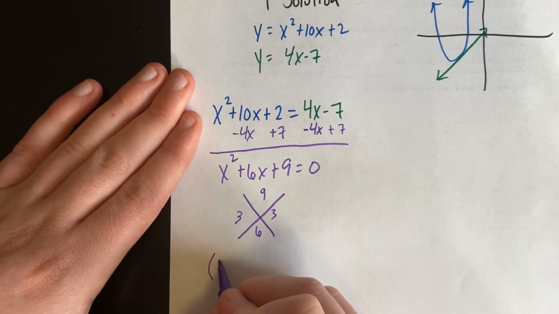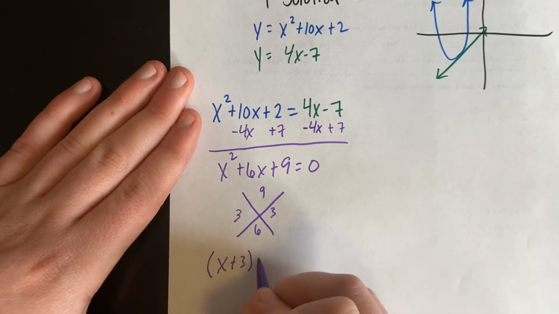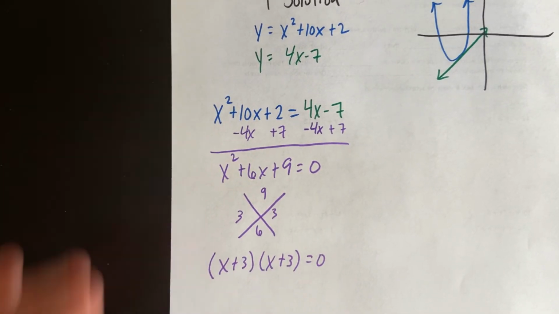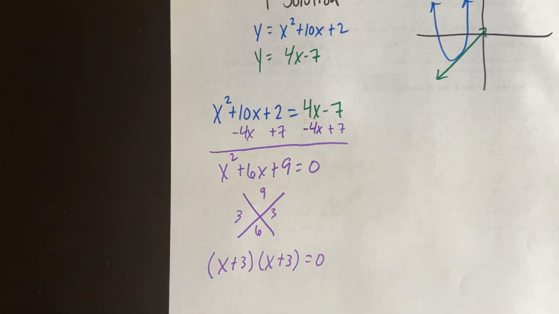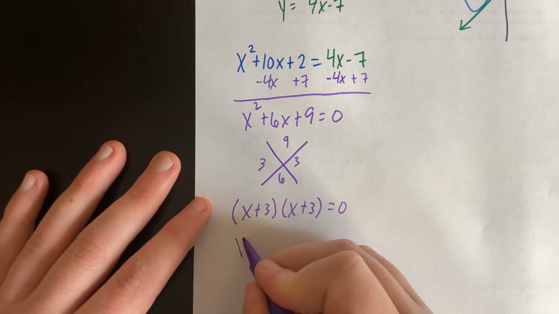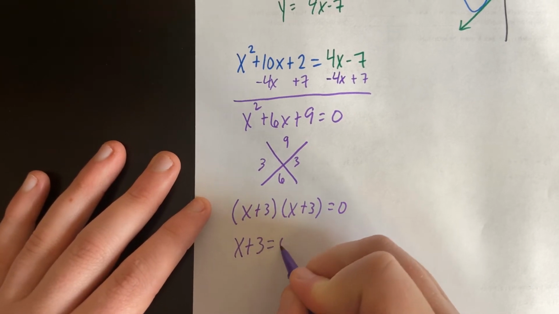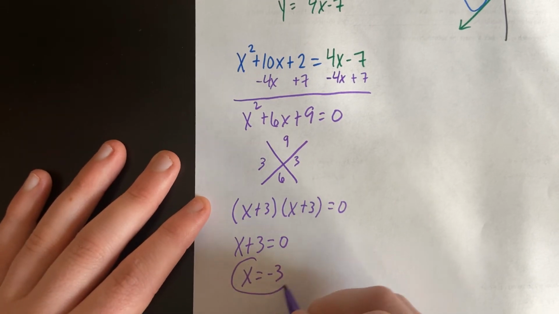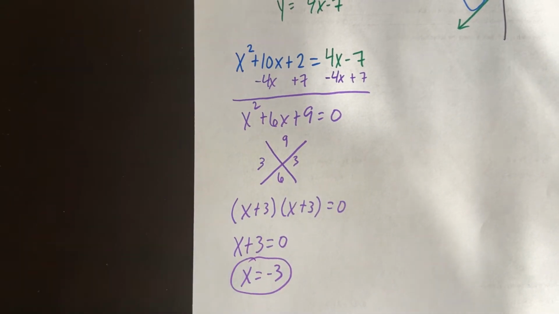Okay, so my factors are x plus 3, but you notice it's the same factor. So now that we only have one factor, we only have to use the zero product property for one. I mean, you could do it for both, but you're going to get the same result. So we're going to say x plus 3 equals 0. We're going to take the 3 away. x is negative 3. So remember, we're trying to find that point of intersection.